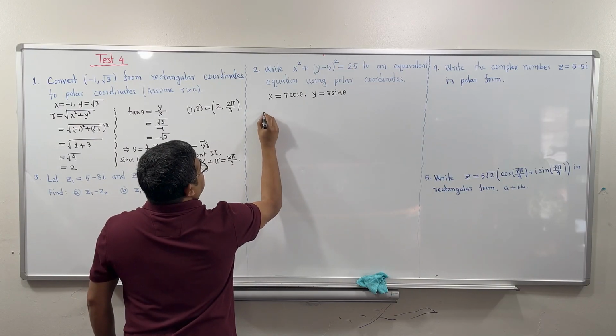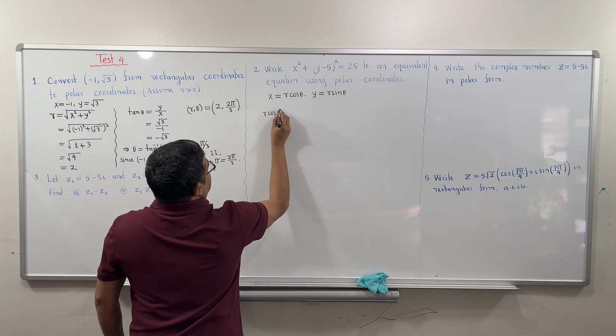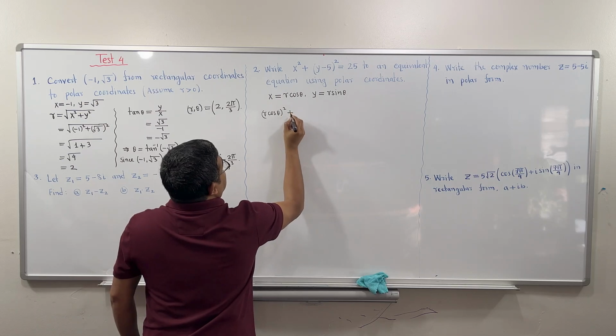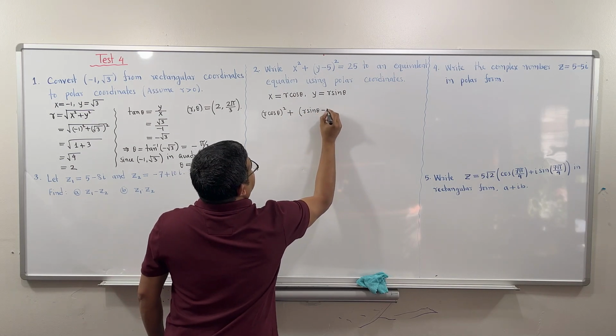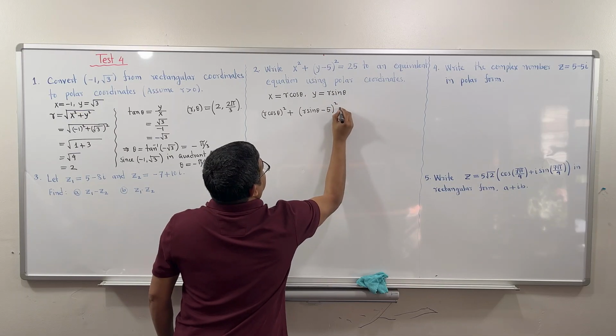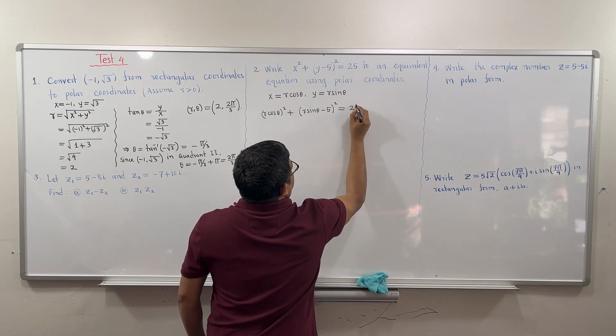It would be (r cosine theta) square plus (r sine theta minus 5) square equals 25.